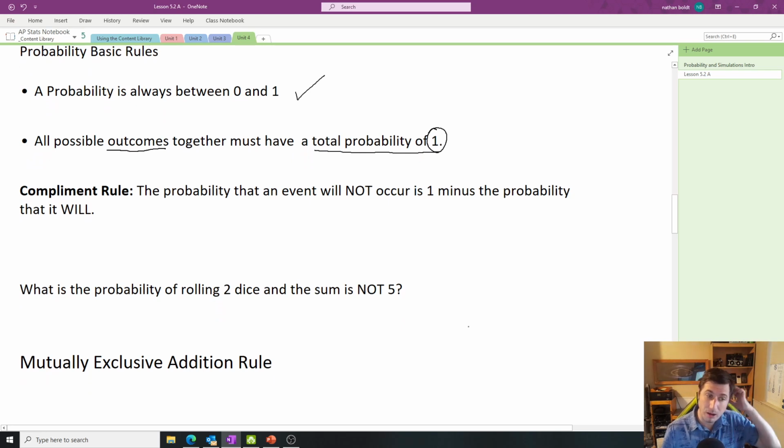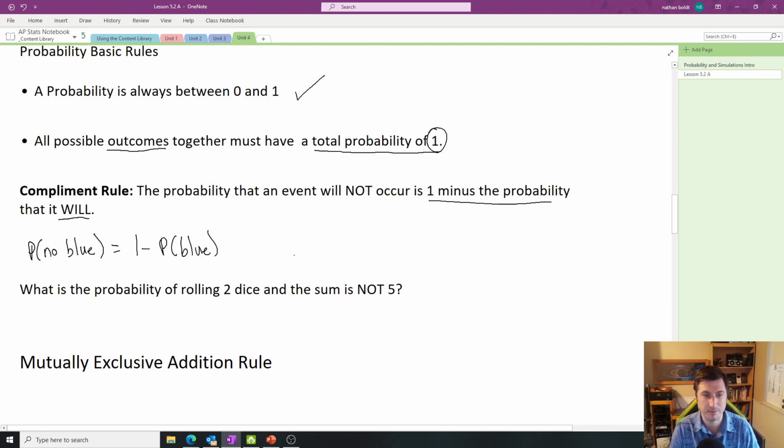Next, the complement rule. This is the probability that something will not occur. What is the probability something will not occur? It is 1 minus the probability that it will. Okay, so if I want to know the probability of no blues being spun, that will be 1 minus the probability of a blue being spun at some point.